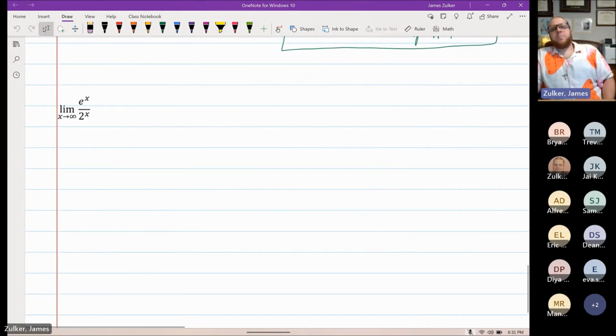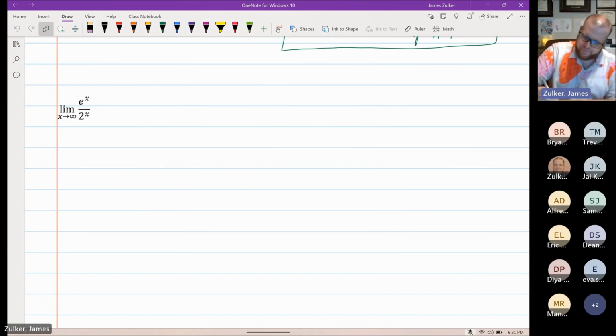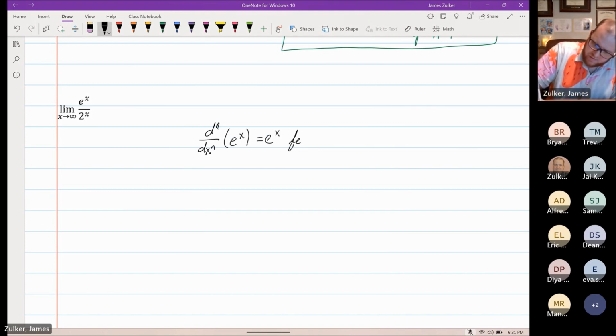Right. This one, very similar idea. Every derivative will be e to the x. So the nth derivative is e to the x for the numerator.